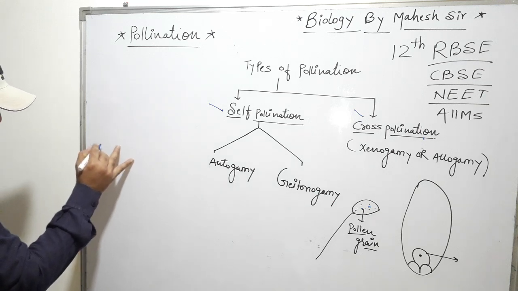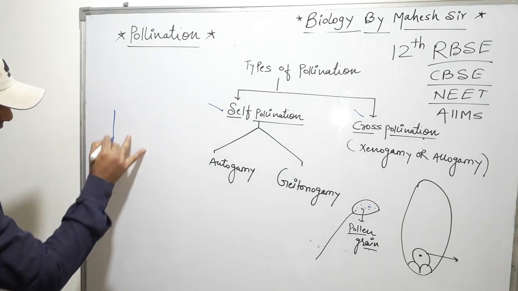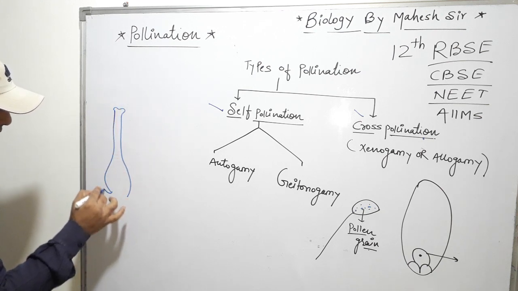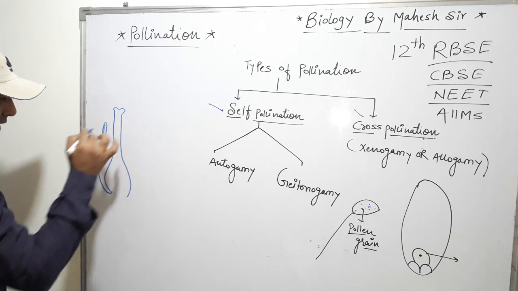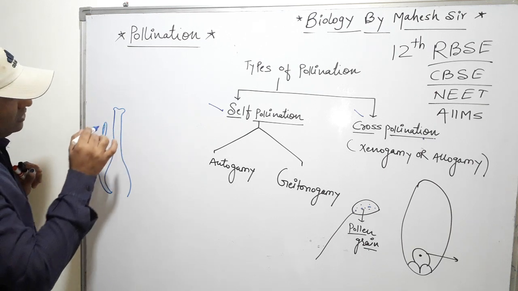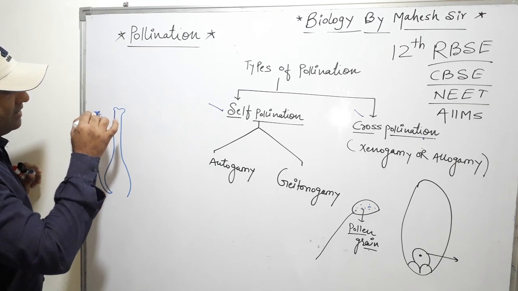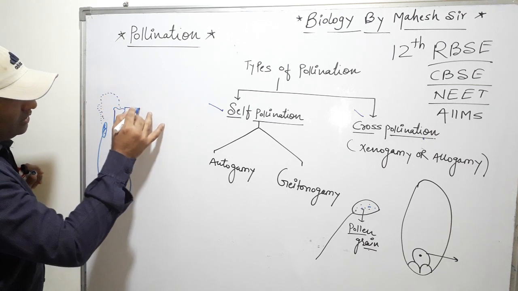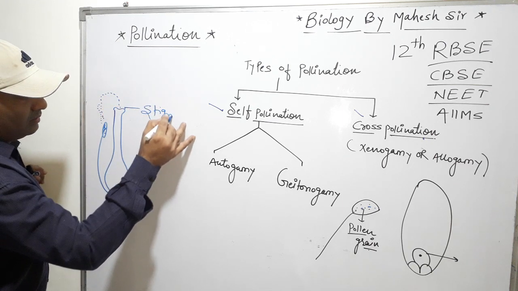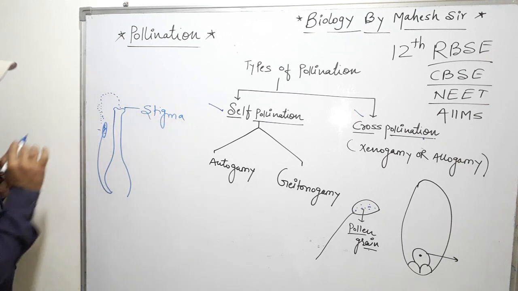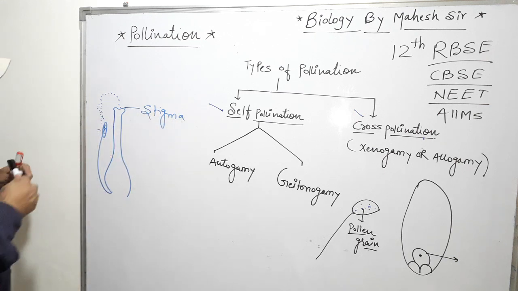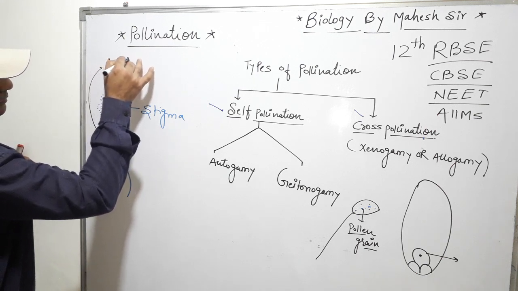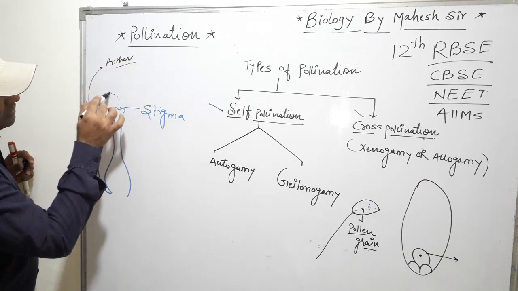If we draw the diagram of a flower and the anther, pollination means the process by which the pollen grain travels from the anther to the stigma. Here is the stigma and the structure called the anther. This process is called pollination.